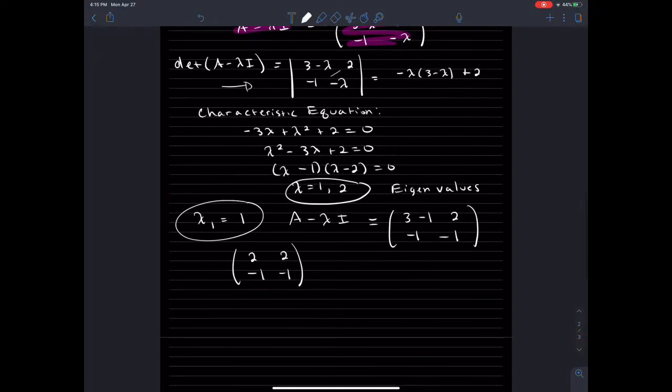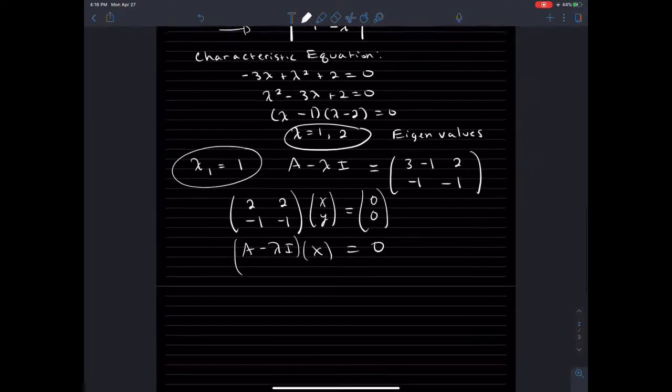Remember, what we want is A minus lambda I times x equal to 0. That's what we want to solve, right? So we times it by x equaling 0. We can do our 2 by 2, and if we even want, we can do xy, because that's our unknown. It's going to be a column vector.